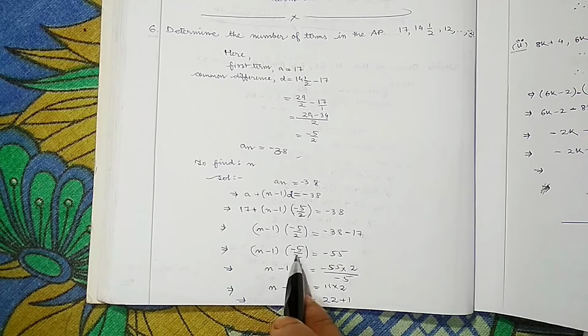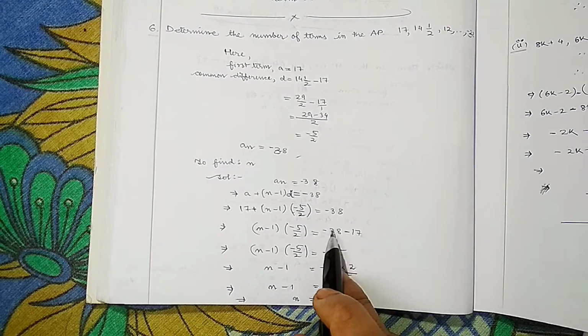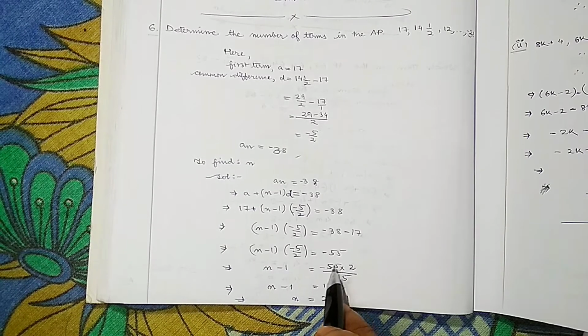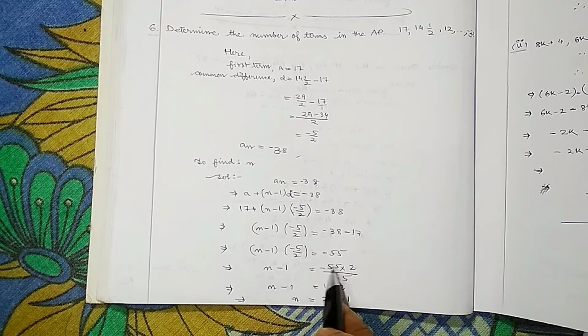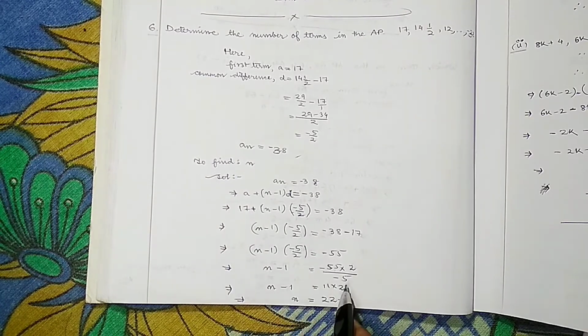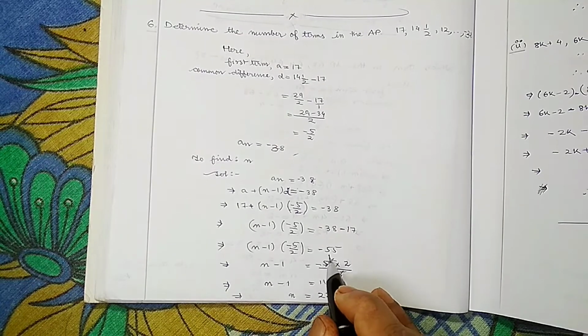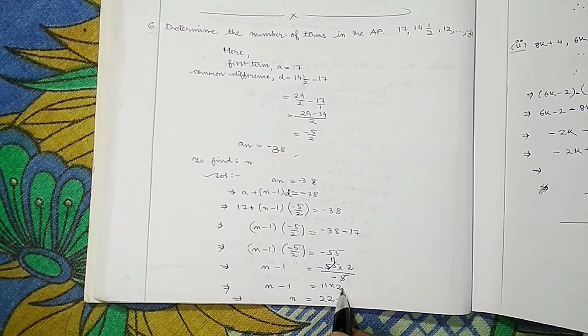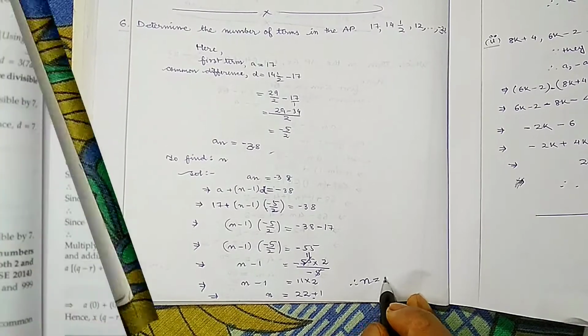So (n minus 1) into minus 5 by 2, if I add these two, just because they are same sign, it will be minus 55. So n minus 1 into minus 5 by 2 equals minus 55. This 2 will come in the numerator and minus 5 will come in the denominator. So this minus minus cancels, and 5 elevens are 55. So 11 into 2. So n minus 1 is 22. So n will be 22 plus 1. Therefore n equals 23.